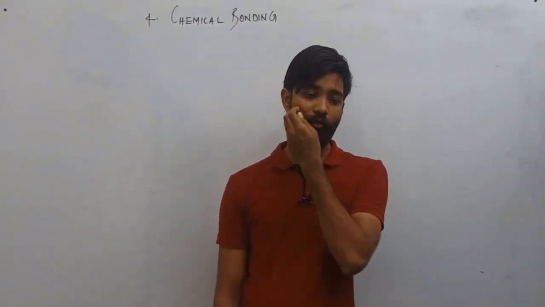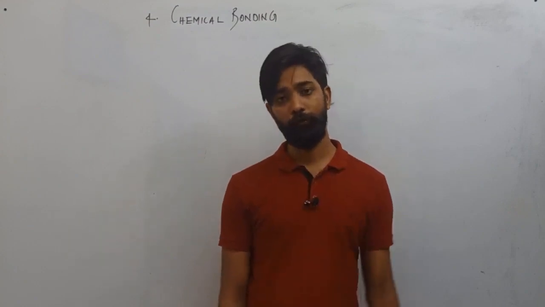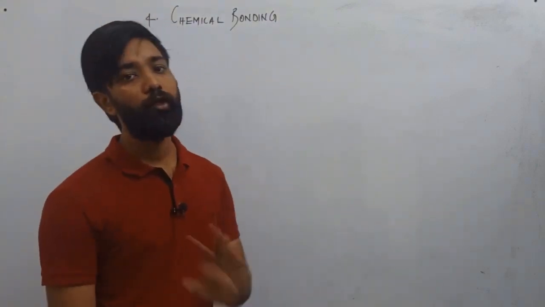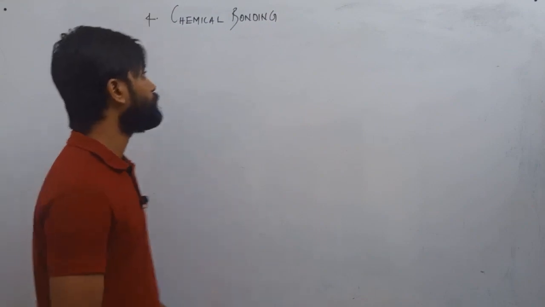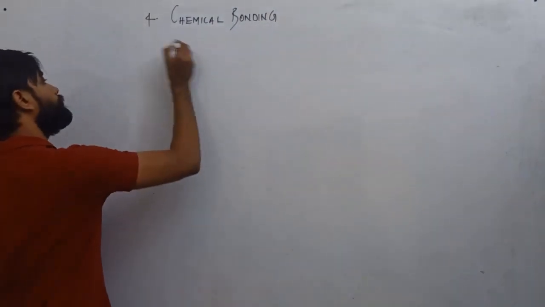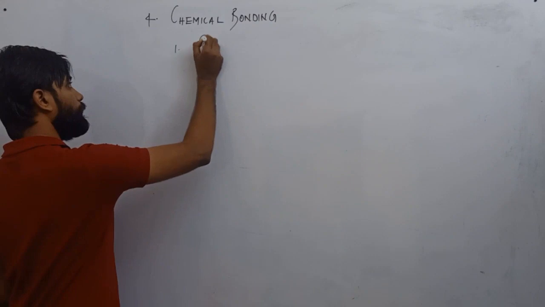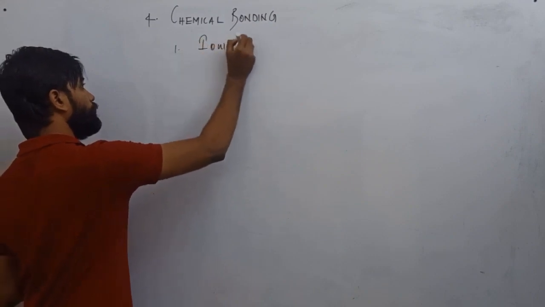Let me discuss the 4 different types of bonding: ionic, coordinate, covalent, and metallic. Number 1, ionic bonding.